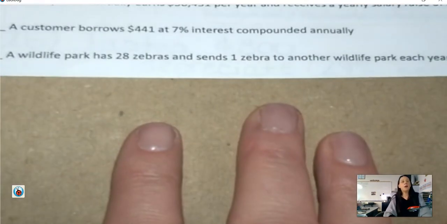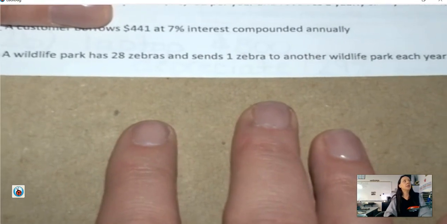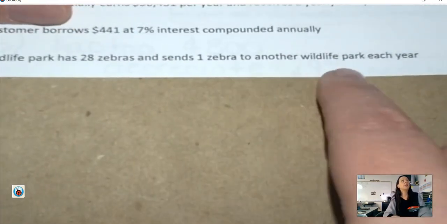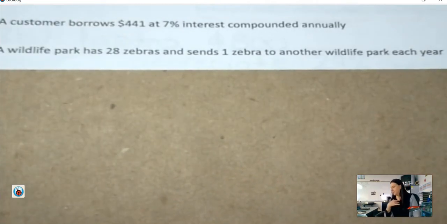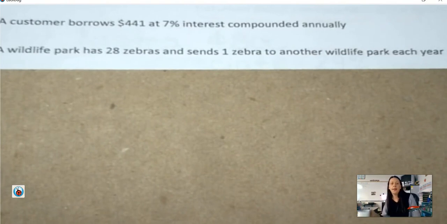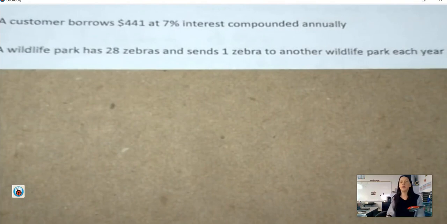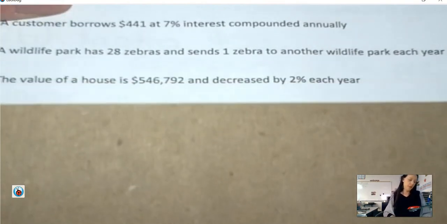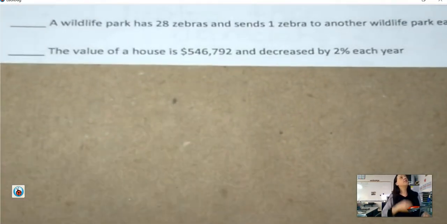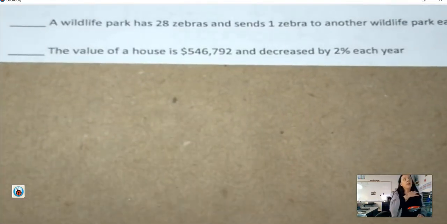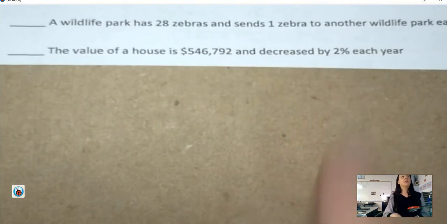A wildlife park has 28 zebras, and then it sends one zebra to another wildlife park each year. What's that one? That is linear. It's losing one zebra per year. The value of a house is $546,792, and then it decreased by 2% each year.